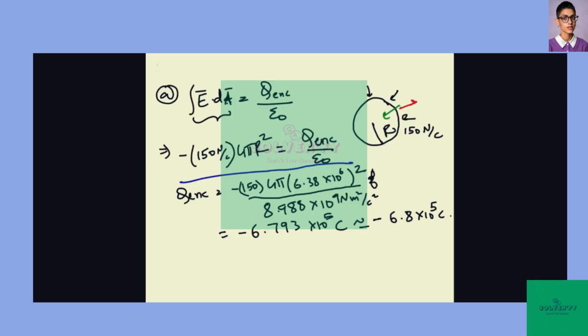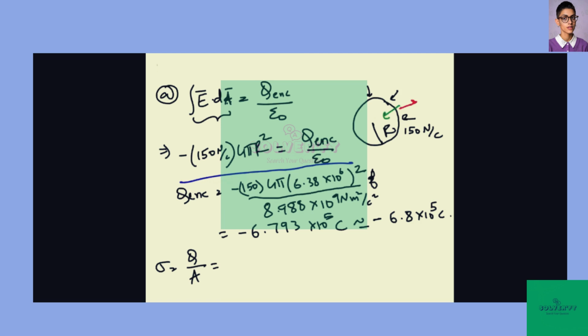Now, for the second part, we want to find out the charge density. Charge density is simply charge by area. So if we approximate that the charge on Earth's surface is distributed uniformly, then that will simply be total charge divided by 4 pi r squared.